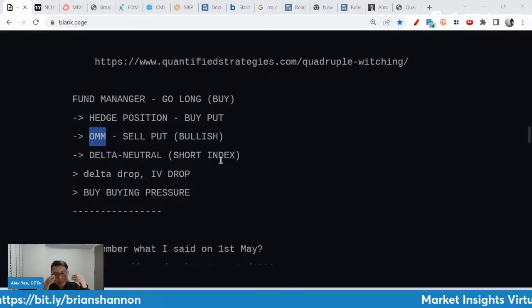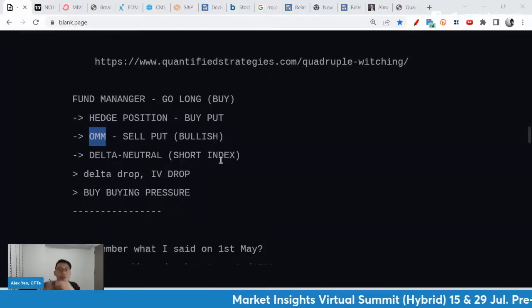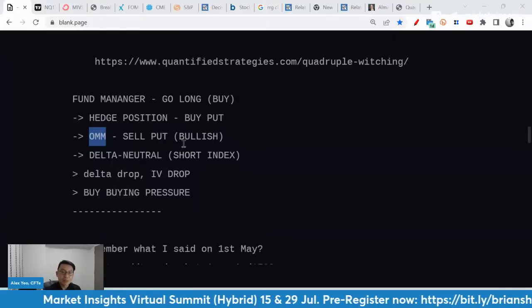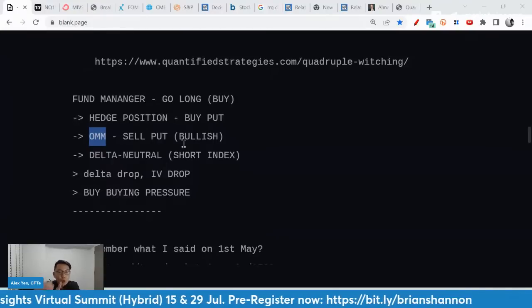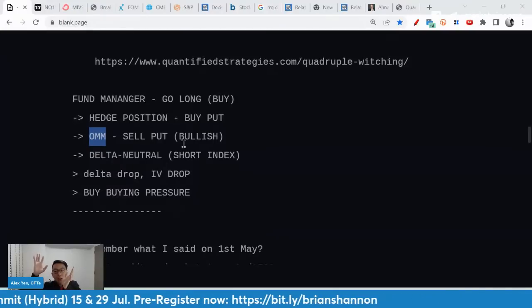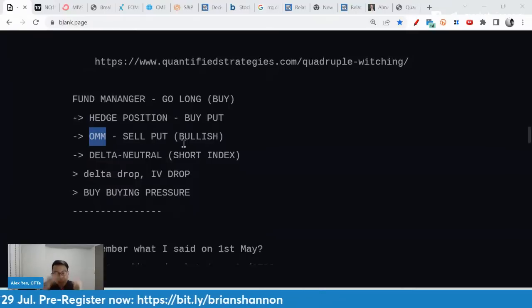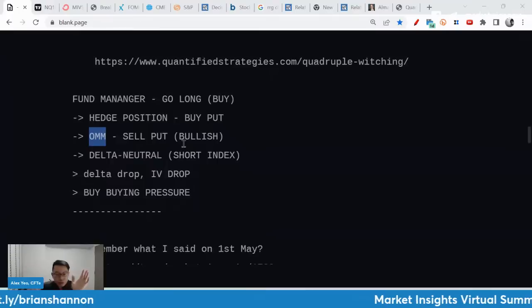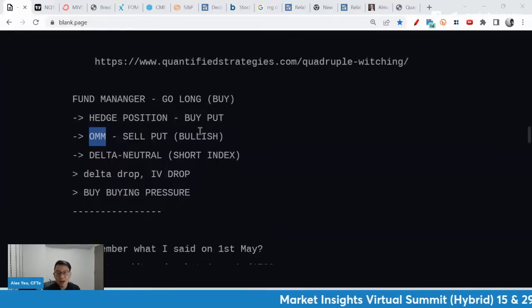Then the options market maker does not have to hedge so much and has to cover back their position, which means buying back from the index itself. This buying back pressure will cause the indices to go up just right before the options expiry, which is like this week. Subsequently, after OPEX, the market is free to move again.